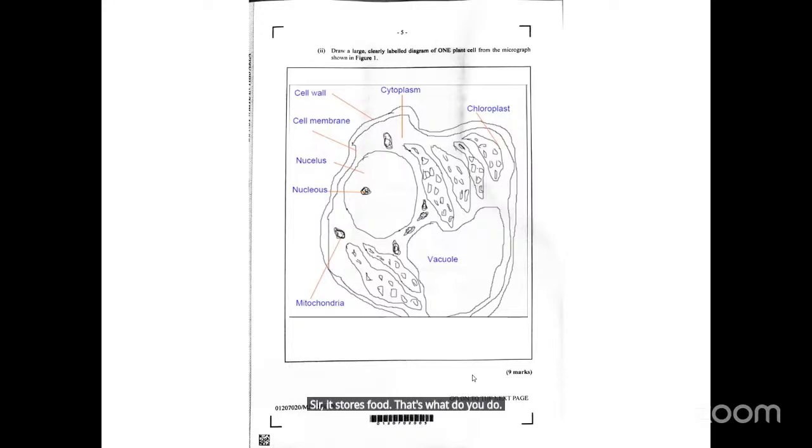You said store food. It stores the products of photosynthesis and dissolved minerals. Dissolved minerals, yes. All right, so let's look at it, guys. It's not necessarily water, you know, but I want to be as precise as possible. Right? So it's not necessarily water.